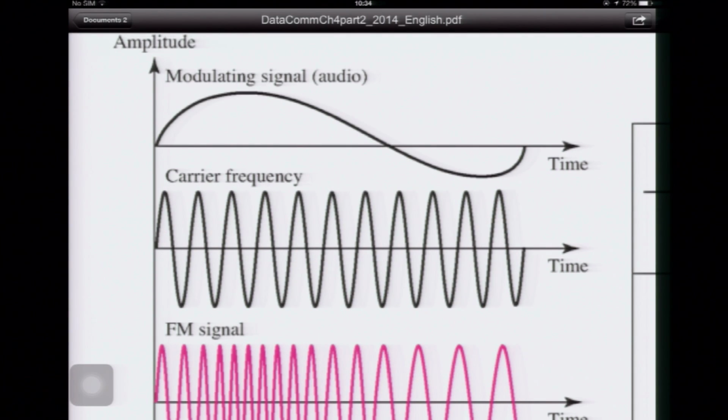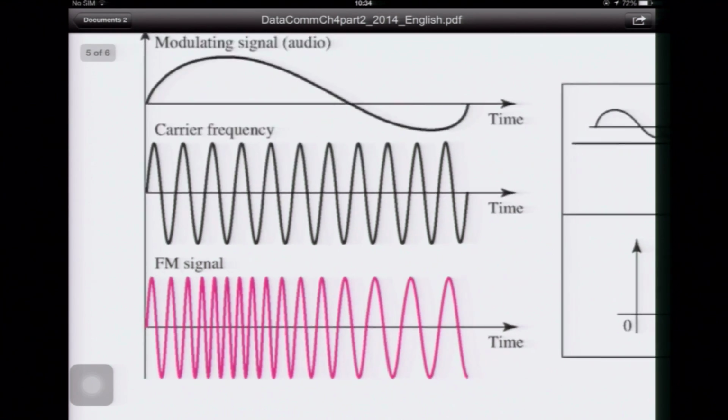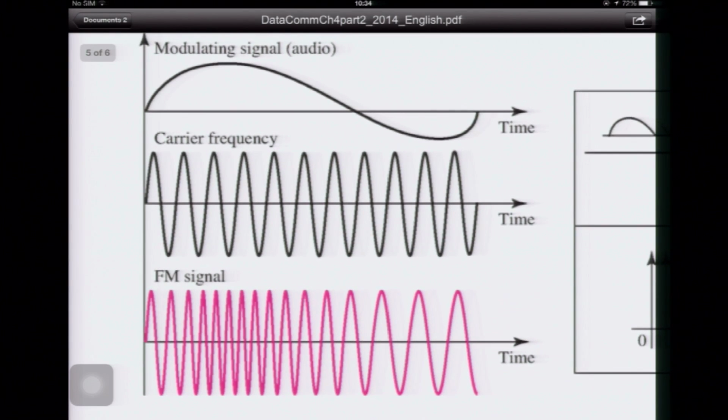So the second one is the carrier signal, okay, a fixed carrier frequency, and then you can see that the FM signal changes its frequency based on the amplitude of the baseband. So when the amplitude of the baseband is high, then the frequency of the FM signal is high.